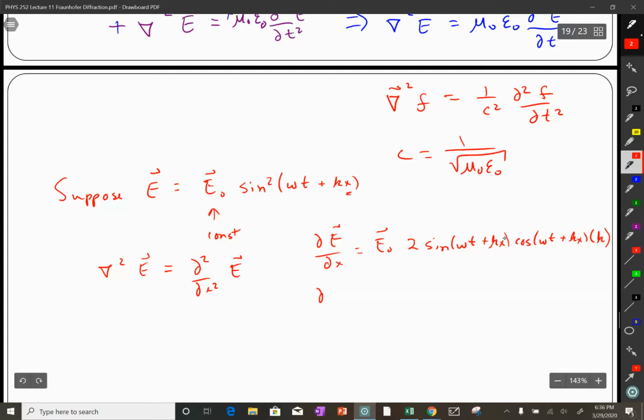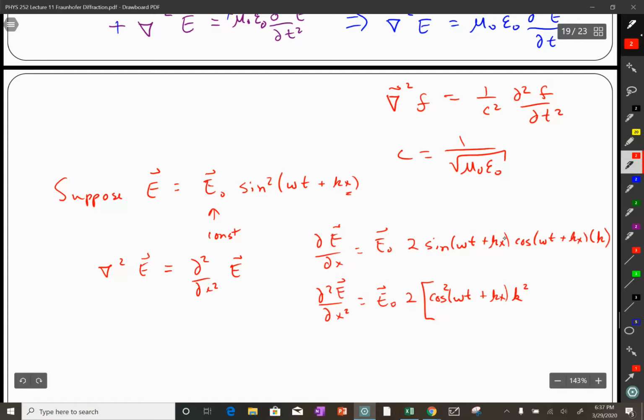And so d second E dx squared would be the derivative of sine, which is cosine of omega t plus kx, times k, times cosine of omega t plus kx again, times k.